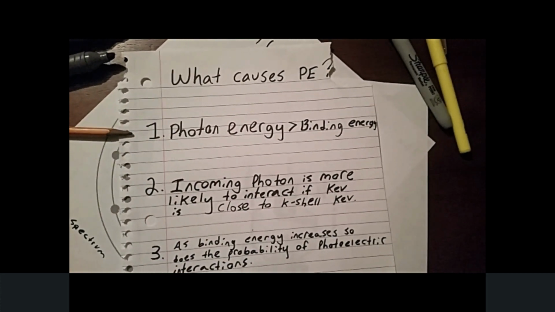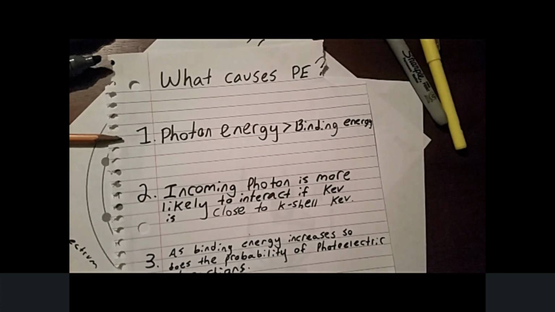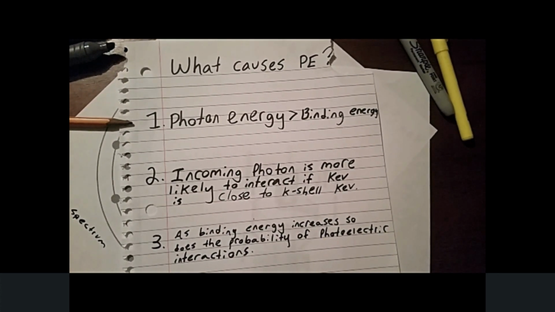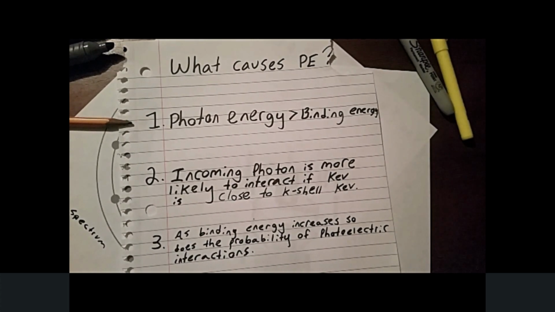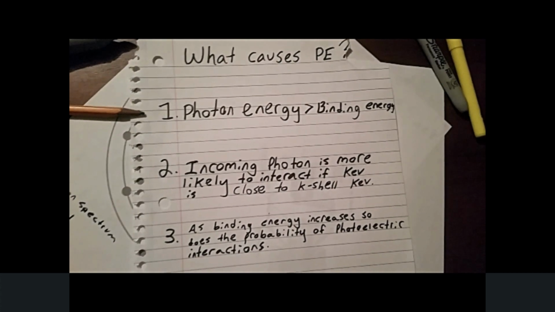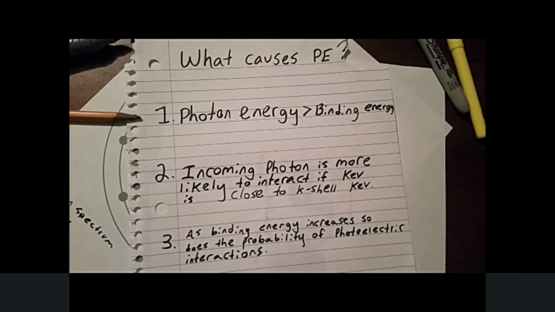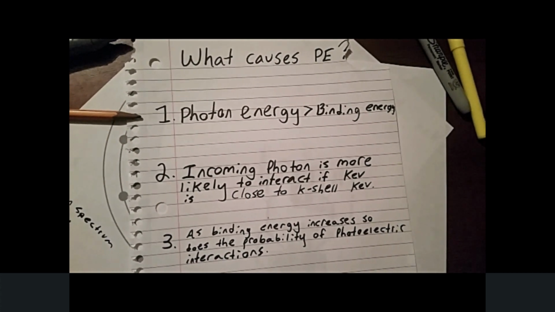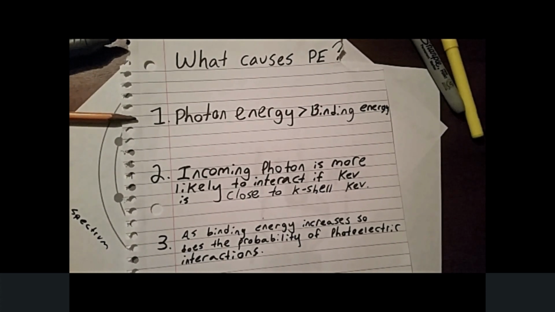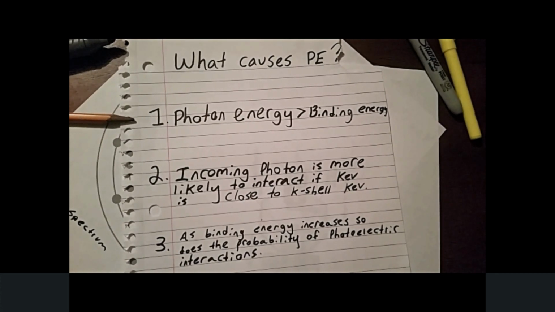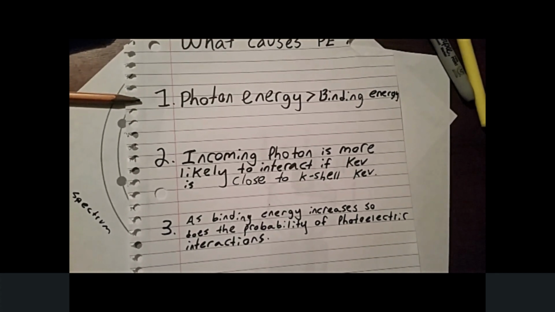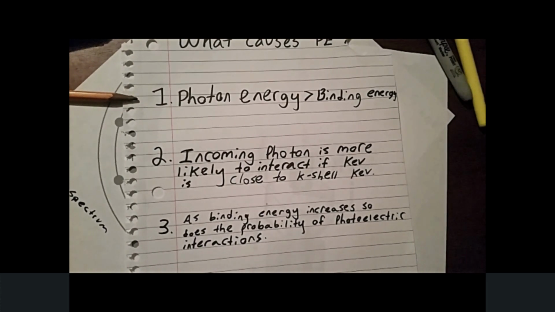Barium has an atomic number of 56 and a K-shell binding energy of 37 kiloelectron volts. So it would take a photon with the energy of at least 38 kiloelectron volts to be absorbed by the barium atom and also eject the inner shell electron.